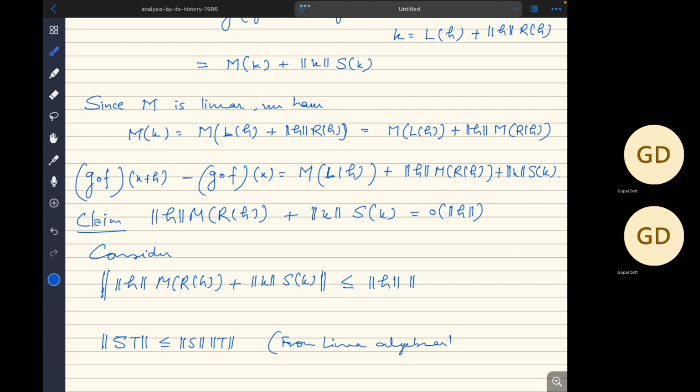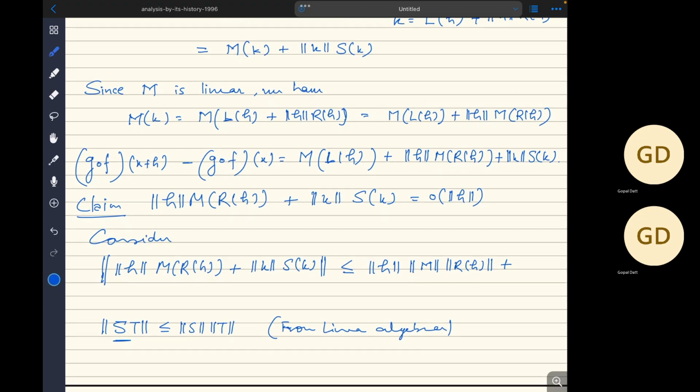For any two linear transformations, whenever we can define ST, this means S composed with T. So here what we will get is norm M, norm R(h), plus, what do we get?